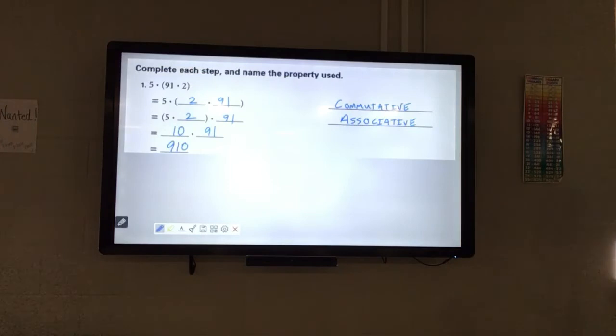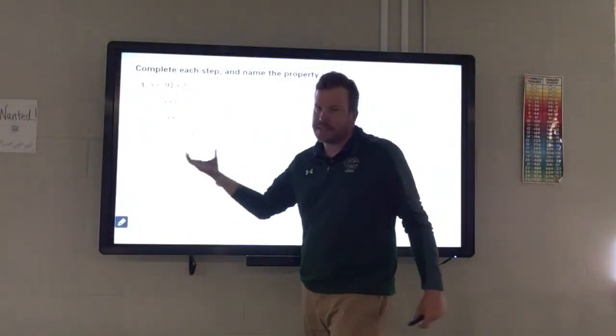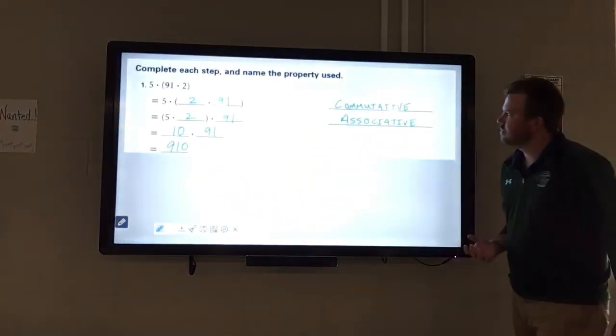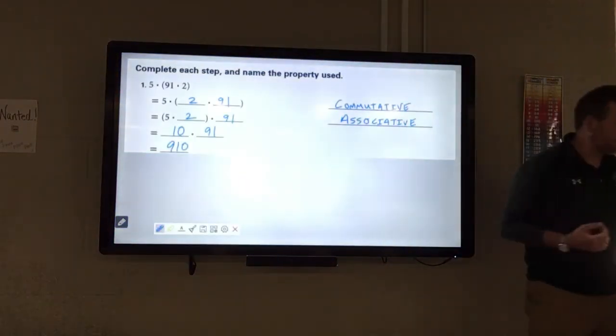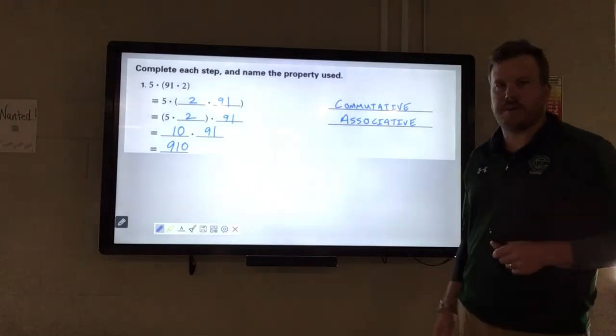So we can do these kinds of things mentally if we know how to change the order, and group things differently. It takes practice. It definitely takes practice, but you'll be able to do this soon as well, assuming you actually do the practice. So that's how we use the commutative property, the associative property, and the distributive property.